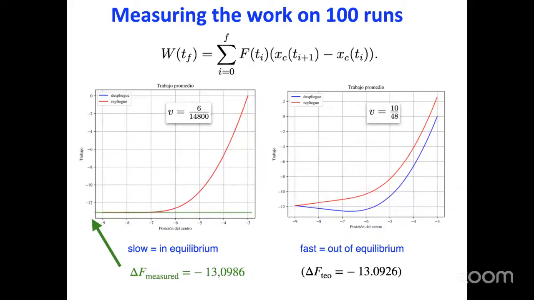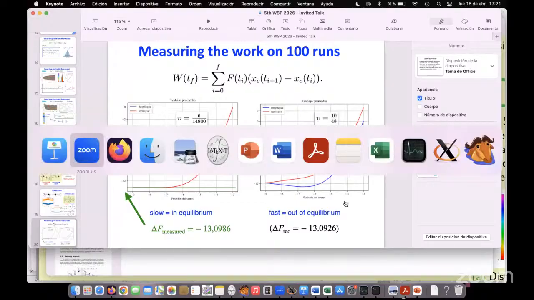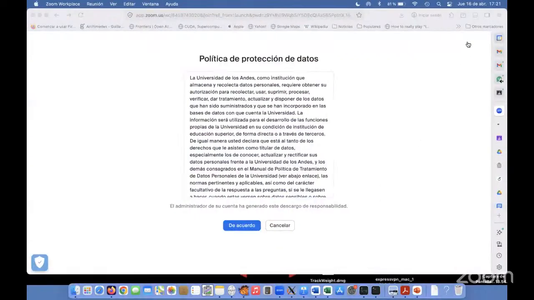Where's the next speaker? That's the work. So what is dragging?